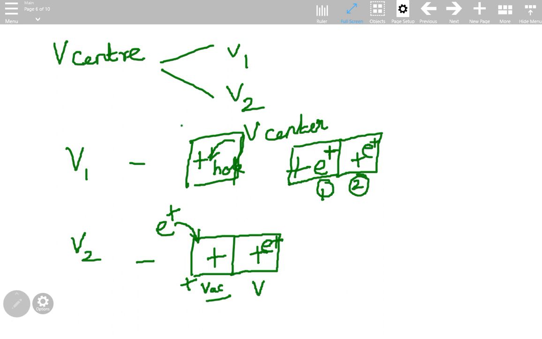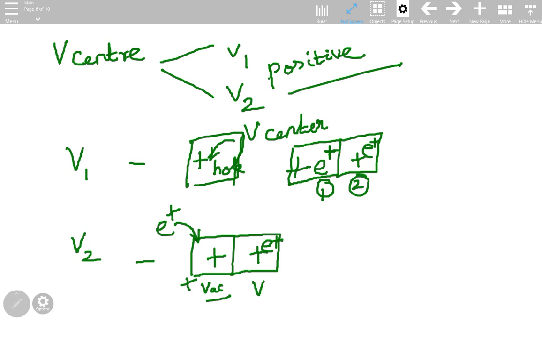So the V center is entirely for positive. There is no negative involved here. So the V center is a vacant site or a positive site where a hole can get in. An electron cannot enter into this positive site. The hole has yet to come.